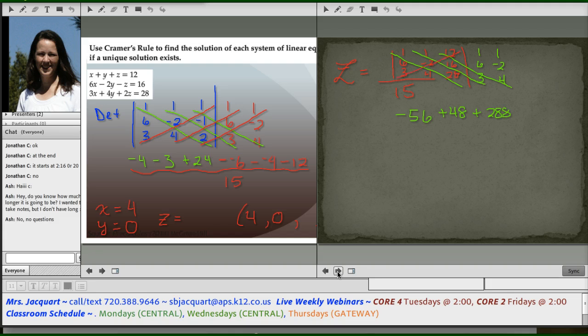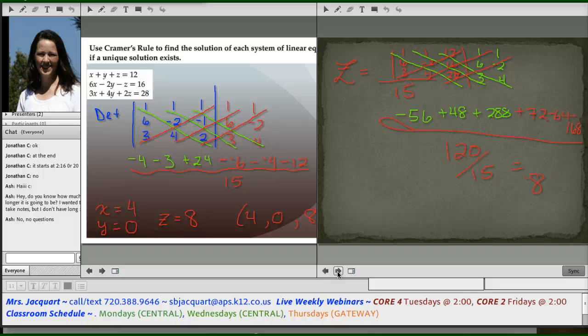We're going to subtract. When we total that all together, we get 120 divided by 15, and we get 8. So then z is 8.